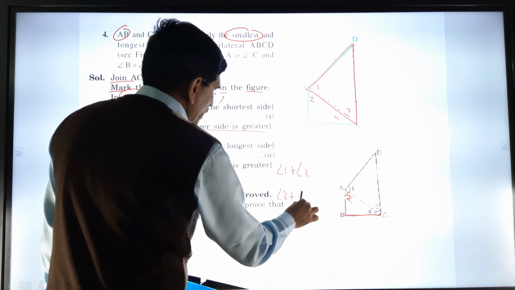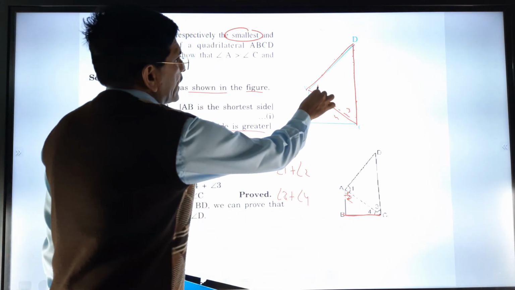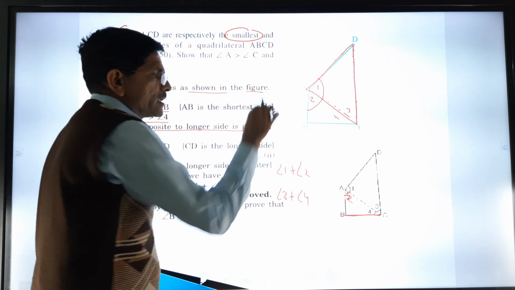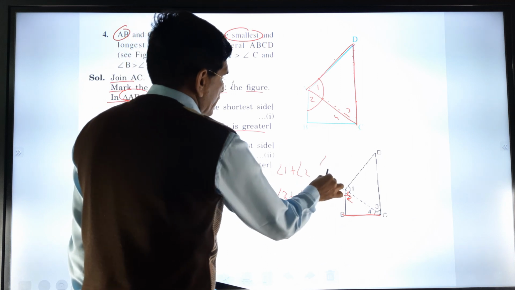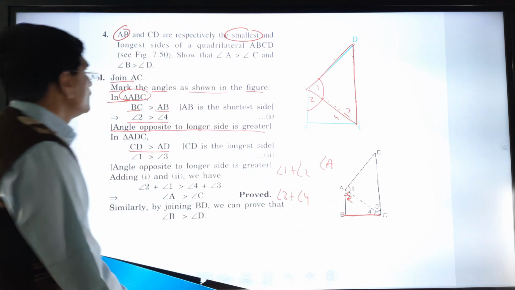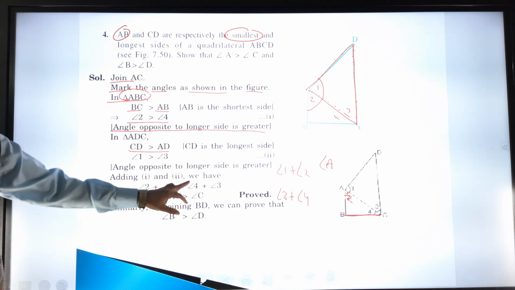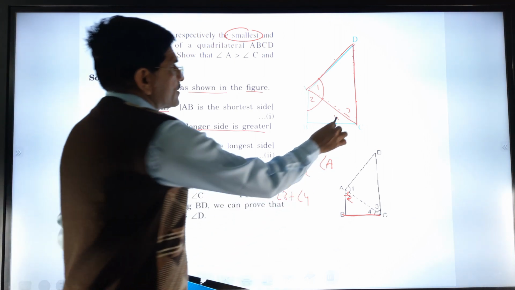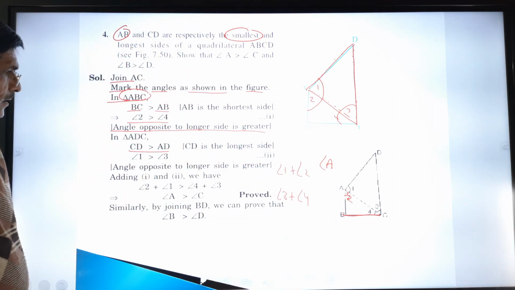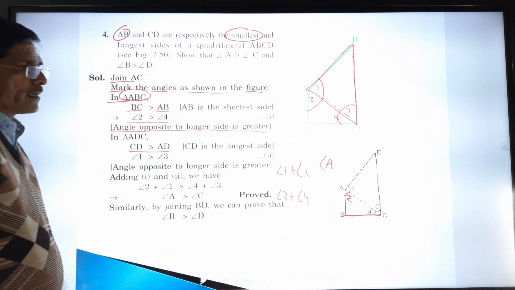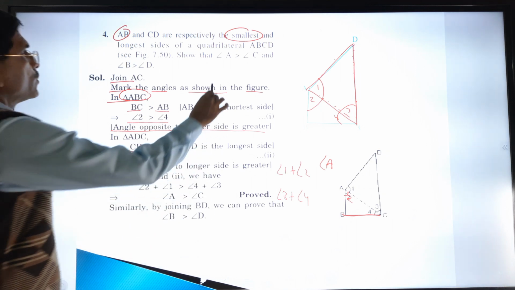Angle 1 plus 2 is angle A, and 3 plus 4 is angle C. So angle A is greater than angle C. Hence we can prove this.